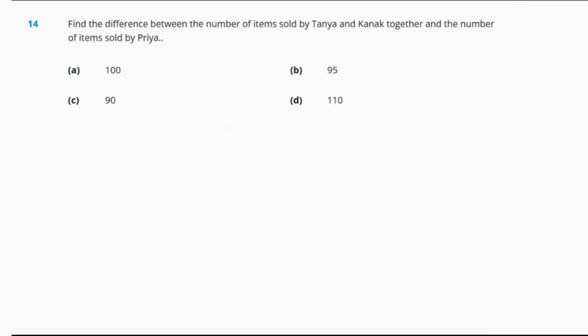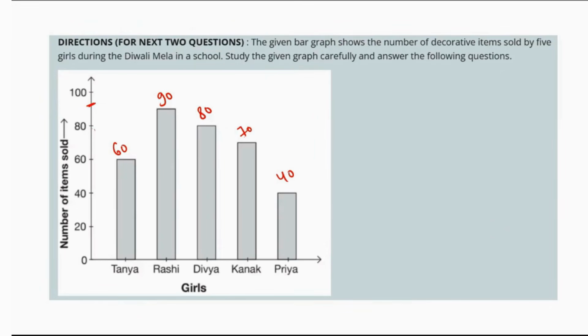Question 14 says, find the difference between the number of items sold by Tanya and Kanak together and the number of items sold by Priya. So in this question, we have to find the difference, but the difference of what? First of all, we have to do the sum of items sold by Tanya and Kanak. For Tanya, it was 60 and for Kanak, it was 70.